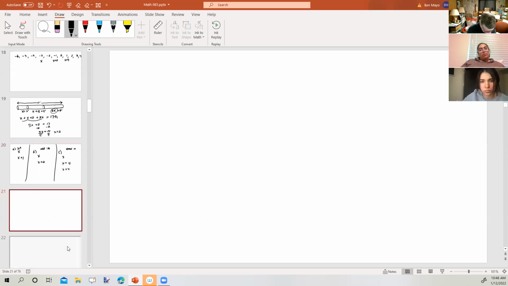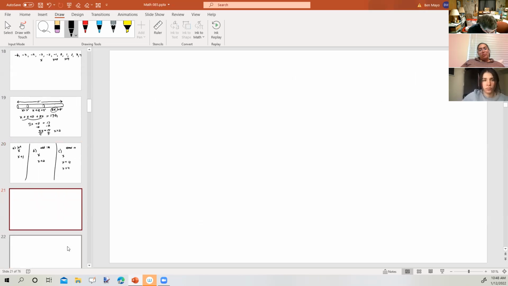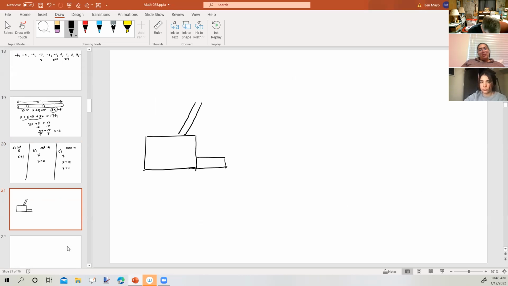Okay, let's see here. It says the robotic arm will extend a total distance of 18 feet. Find the length of each section. So let me draw a picture of this robotic arm here. So we've got this piece, and then this piece, and that piece.